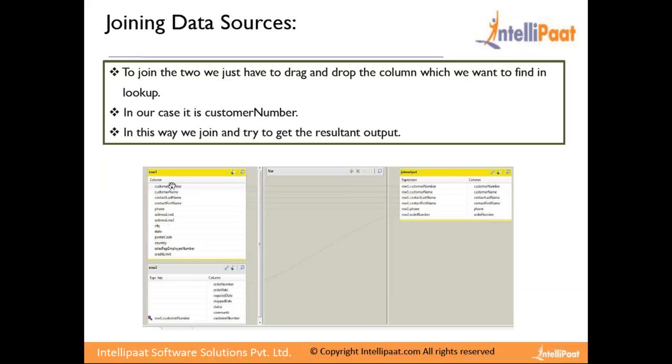Next will be the join. Here we are doing the same as we do in our SQL query or any other fields, wherein we are creating a join between two tables, which is based on customer number, and when that customer number matches, it gives us the resultant output. So here our criteria is to get the order number for a particular customer, where customer number matches the value for customers in the order table.